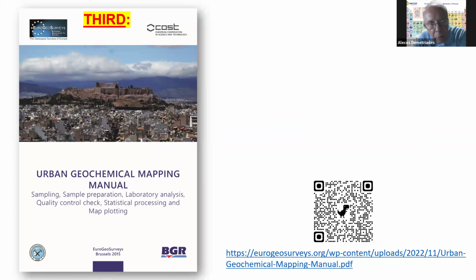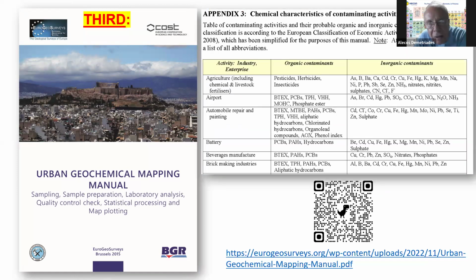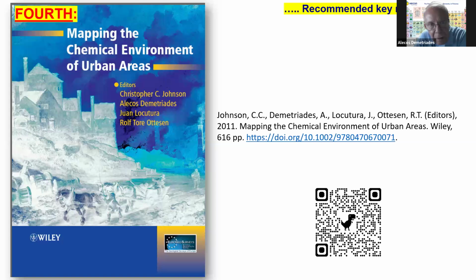Now, if you are going to perform urban geochemical mapping, there is a manual which we have written a few years ago, 11 years ago. And there is also an appendix which is very useful about the chemical characteristics of contaminating activities. Now, this is a textbook with many chapters, which I recommend that you or your library buy.